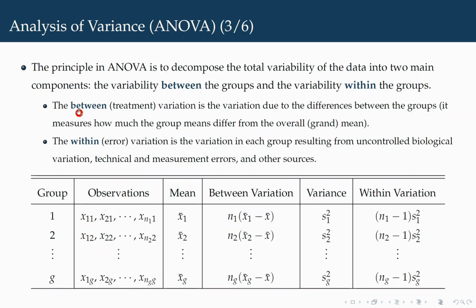Here the between variation is usually called treatment variation. This represents the variation due to the difference between the groups. This difference measures how much the group means differ from the overall mean or grand mean.